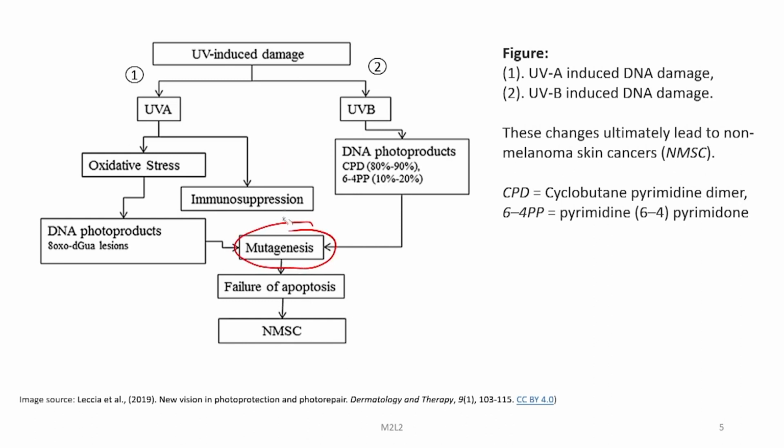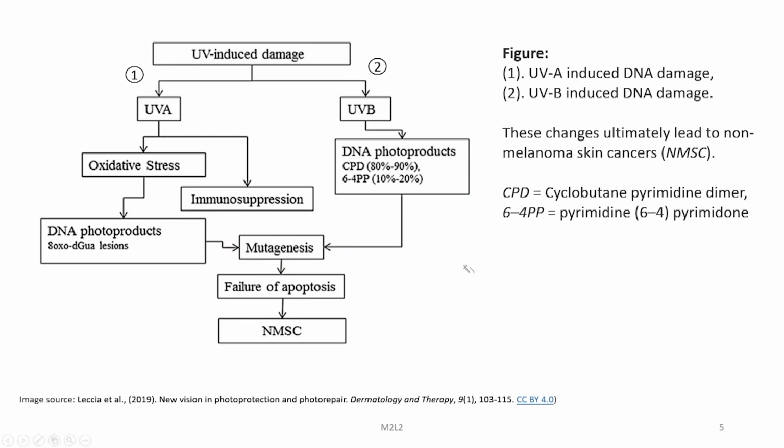Similarly, due to UVB induced damage, certain DNA photoproducts are produced like cyclobutane pyrimidine dimer or 6,4-PP, and similar to the UVA induced DNA photoproducts, they also lead to mutagenesis inside the cell.